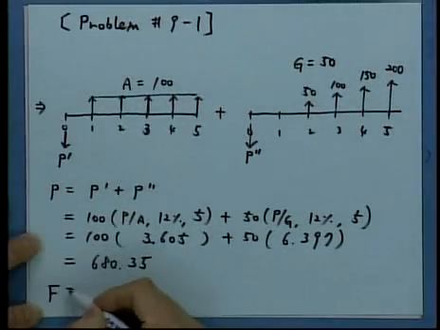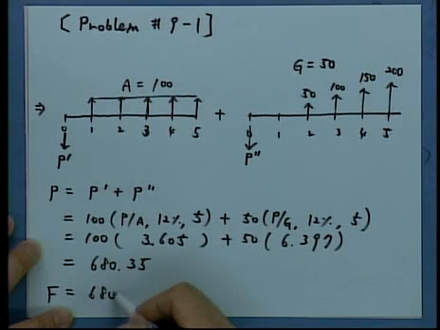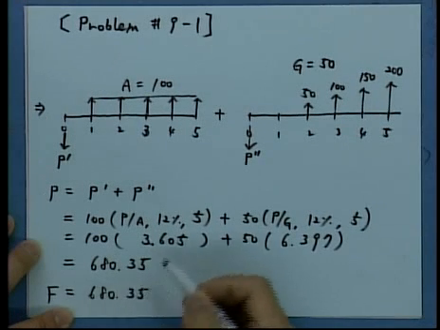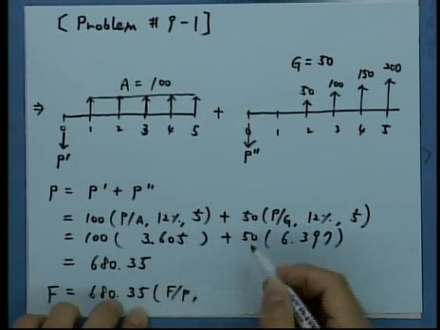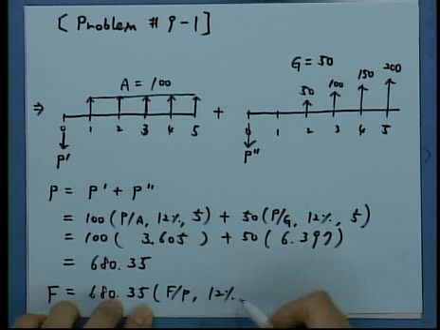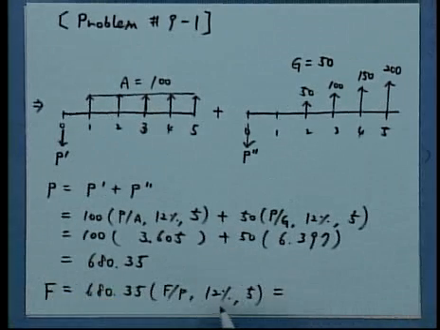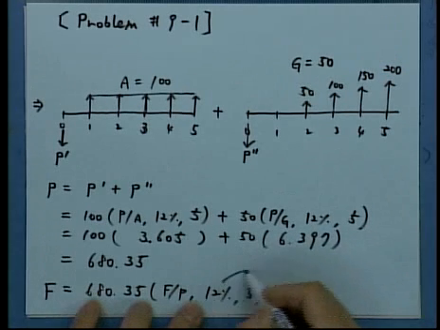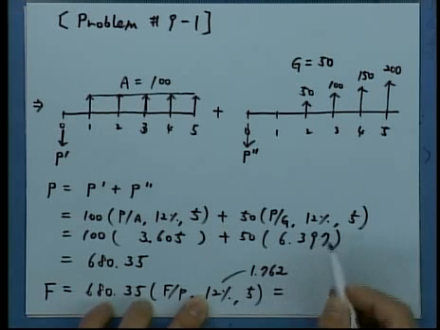So F would be 680.35 times F given P, 12% over 5 periods. What is this table value? F given P over 5 periods is 1.762.